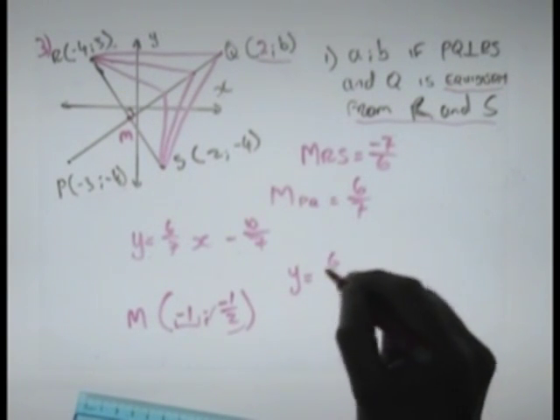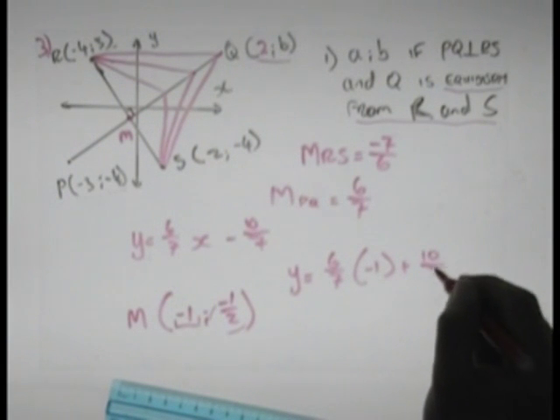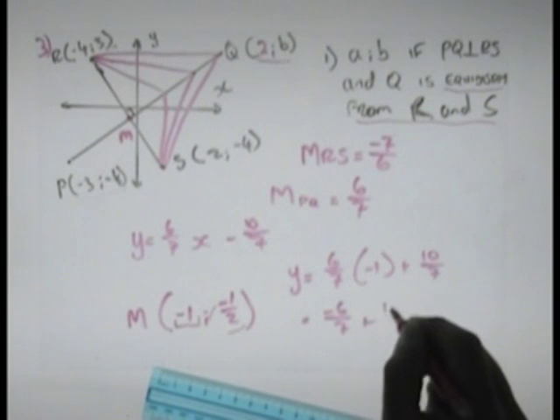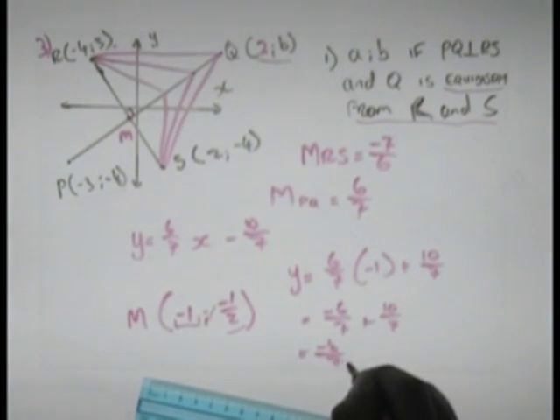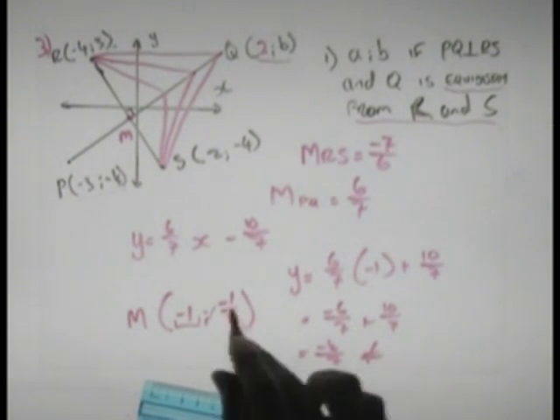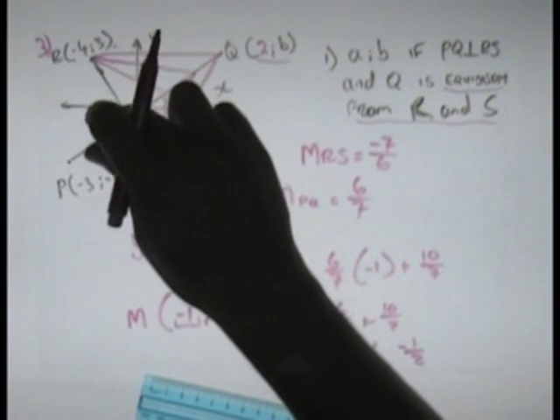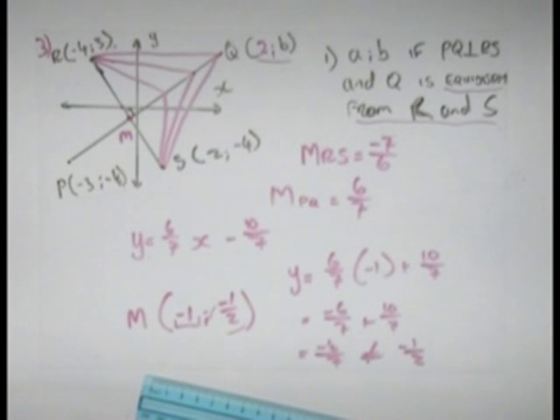Y will equal 6 over 7 multiplied by negative 1 plus 10 over 7, which is going to be negative 6 over 7 plus 10 over 7, which is negative 4 over 7, which is not negative 1 over 2. Hence, the midpoint of RS is actually going to be somewhere over there. PQ does not go through the midpoint of RS.